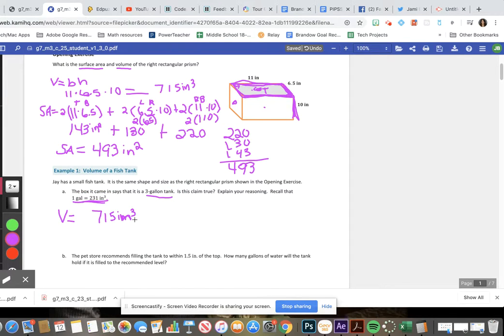And it says 3-gallon tank. Well, we're in inches cubed, so we're going to need to use this to convert to gallons.